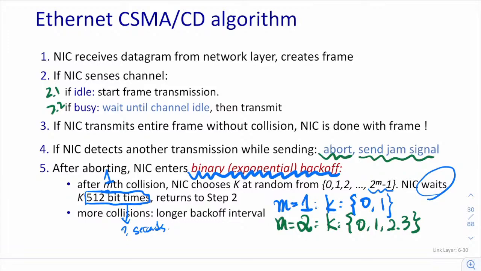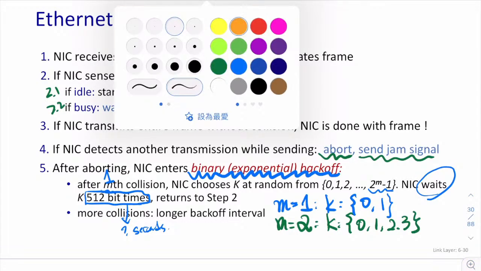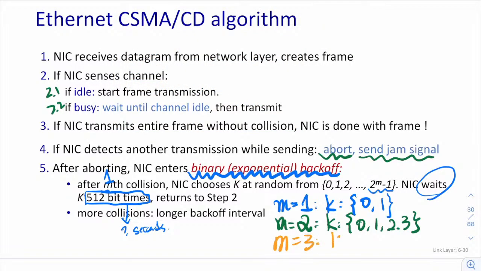So in this case, maybe both of them roll a die and the numbers are both 1. That means they have to wait a certain time, and then they both go back to step number 2 and do the transmission again, and collision again. That's okay, because when n becomes 3, K should be 0 to 7.